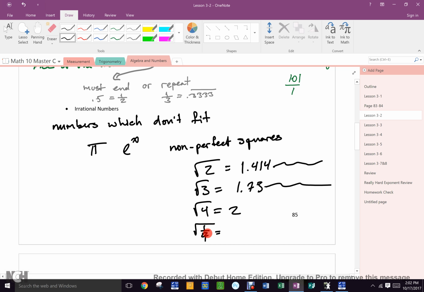Is that irrational? Don't go to your calculator, use your head. It's rational, right? Why? Because it's 1/2, and that's a fraction. Everybody cool? Yeah? All right.